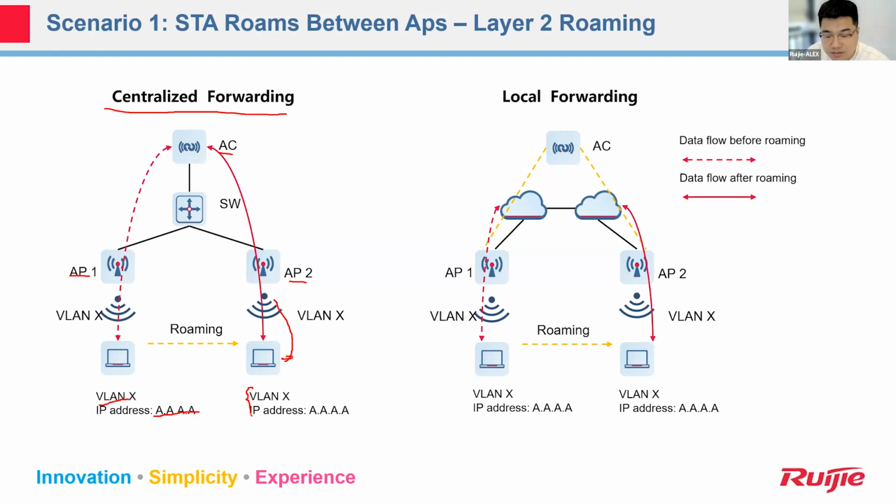If the IP address of the STA has changed, for example, you disconnect from AP1 and connect with another AP, no matter what, and at this time you check that the IP address of your laptop or your mobile has changed, you can see this is not roaming. Okay, this is not roaming.